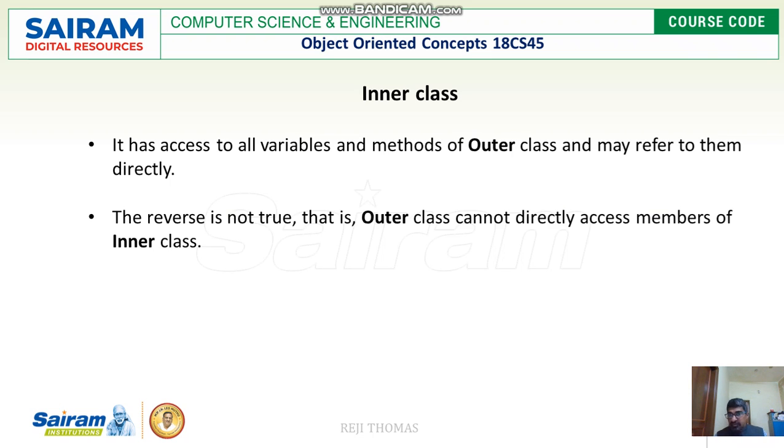But the reverse is not true. That means the outer class methods cannot access the methods and data members inside the inner class directly. They cannot access them directly without creating an object.